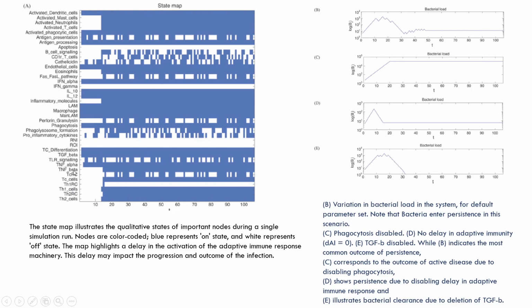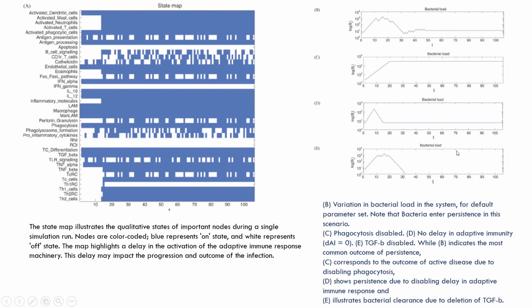These are elements that are associated with adaptive immunity. You see there is a certain period of delay before the activation of adaptive immunity goes on. This is very well modeled here. This highlights a delay in activation of the adaptive immune response machinery, and this delay may impact the progression and outcome of the infection. On the right side, you have the variation of bacterial load in systems.